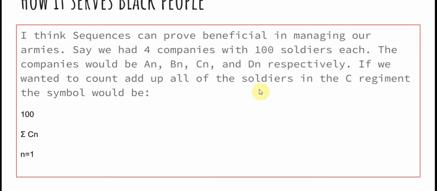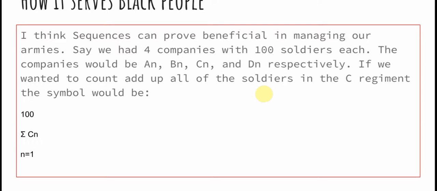Now, this is something I thought of myself: how this particular sequences and series could serve our people. I think sequences can prove beneficial in managing our armies. For example, if we have 4 companies and each company had 100 soldiers, we could call the companies A_N, B_N, C_N, and D_N respectively.